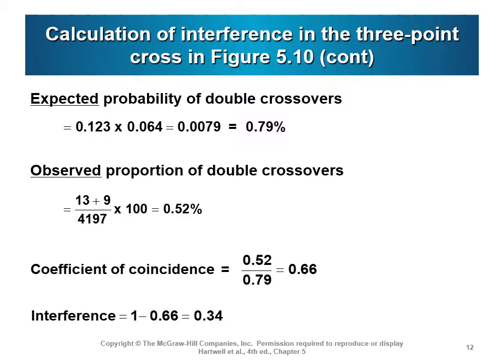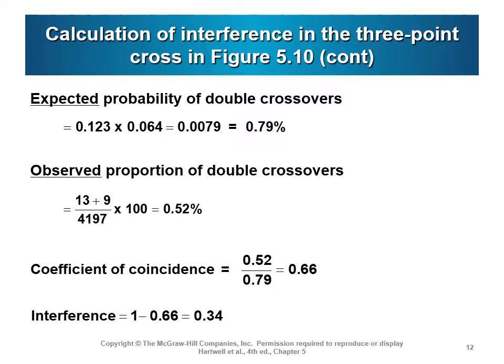So let's look at the application of what we have talked about. There is the expected probability of double crossover, which we can calculate based on the numbers that were shown on the previous slide. So 0.123 times 0.064 equals 0.0079, which is a 0.79% probability.